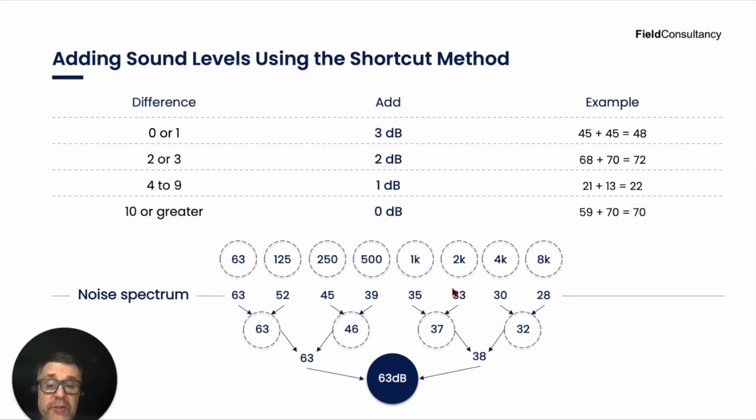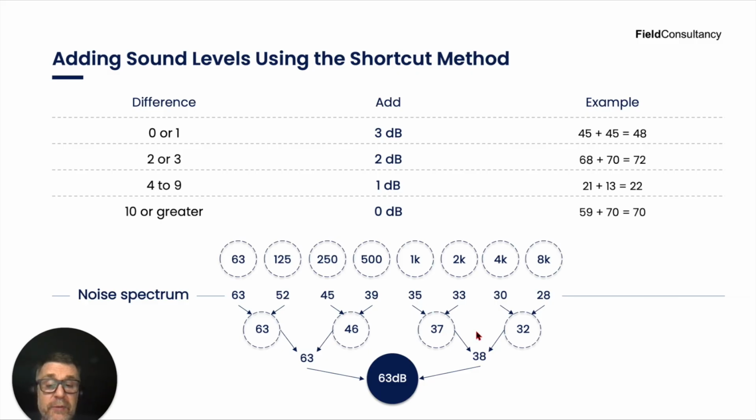You do that for each of the octave bands until you have the logarithmic additions for each of the octave bands. Then you add them together again. In this case, we have a 63 dB overall sound level plus a 46 dB overall sound level. That is more than 10 dB difference. Therefore, the resulting sound level is 63 dB.